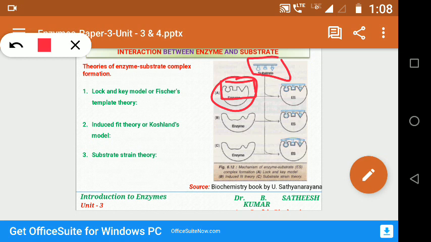The substrate is rigid and therefore the active site on the enzyme is also rigid. So the substrate comes and binds to the active site on the enzyme like a key fits into a lock. This was proposed by Fisher, and this theory is known as the lock and key model, or Fisher's template theory.